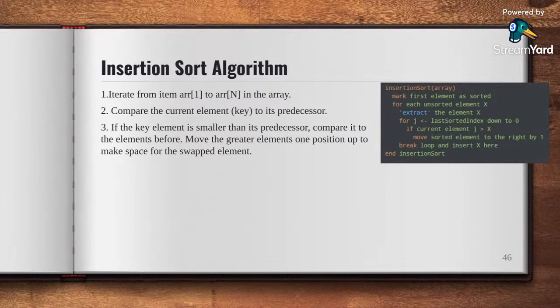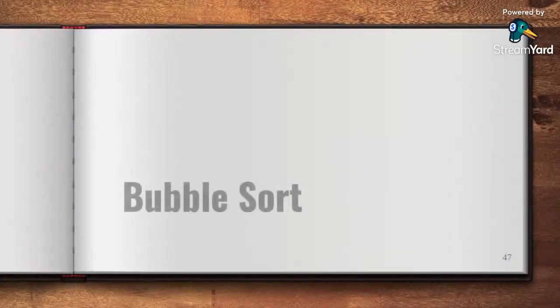If the key element is smaller than the predecessor, compare it to the elements before, and move the greater elements one position up to make space for the swapped element. Insertion sort: mark the first element as sorted. For each unsorted element x, extract the element, for j from the last sorted index down to 0: if the current element at j is greater than x, shift the sorted element to the right by 1; loop, and insert x.